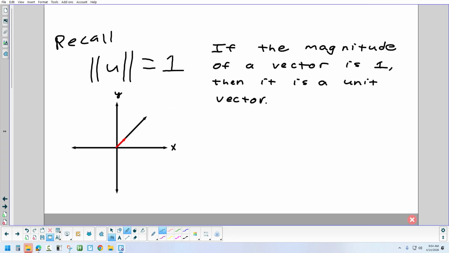Just a reminder, we already went over this, but if we have a vector that has a magnitude of 1, it's called a unit vector. Let's pretend that the red one is a unit vector. The black one points in the same direction as the red one, but it's not a unit vector. It's too long. So what can we do to a vector to change its length?